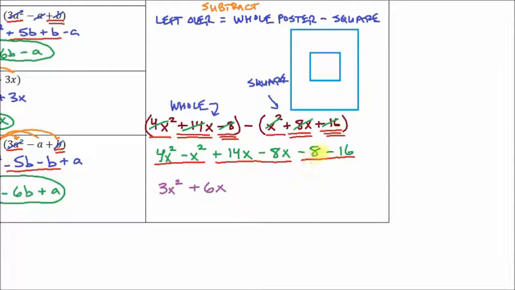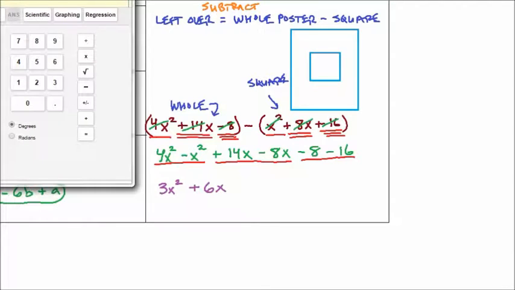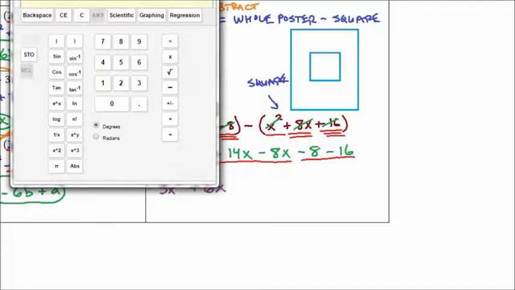And I've got negative 8 minus 16. This is the one that will give some of you trouble. Use your calculator. If you cannot understand a negative number minus a number, grab your calculator. You can use your calculator to make sure you get the right sign.